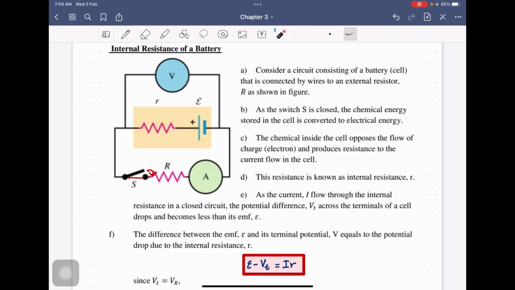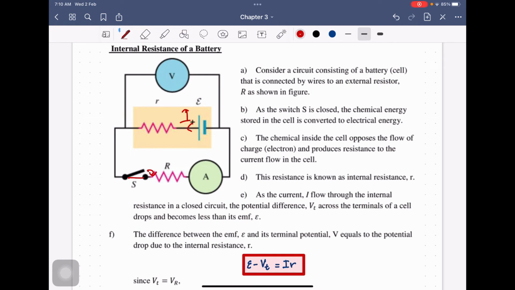Okay, so apakah nama resistance itu? Okay, nama resistance itu kita kenal dia sebagai internal resistance. Okay, as the current I flow through the internal resistance in a closed circuit, okay, the potential difference V across the terminal of a cell akan drops and become less than its EMF. Okay, current akan flow kat sini.